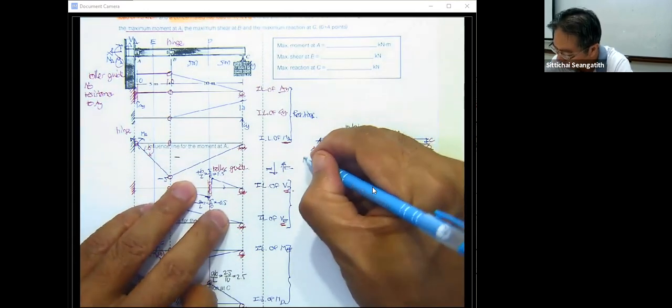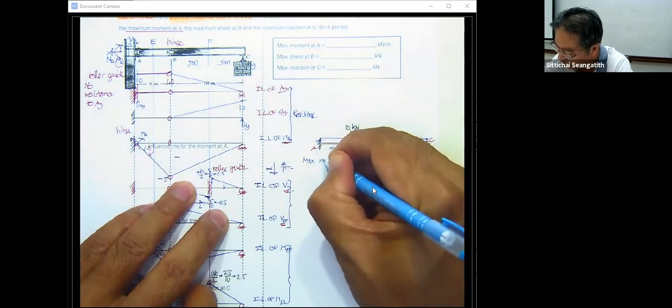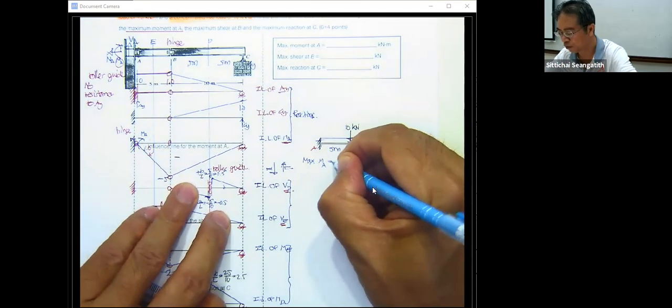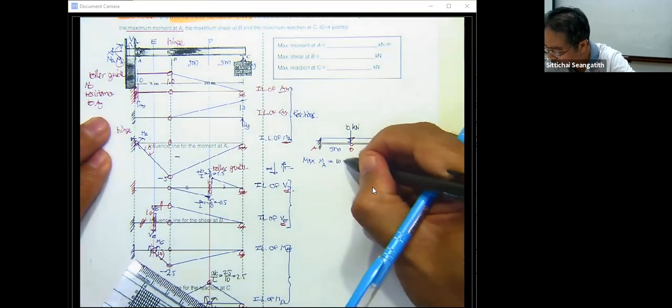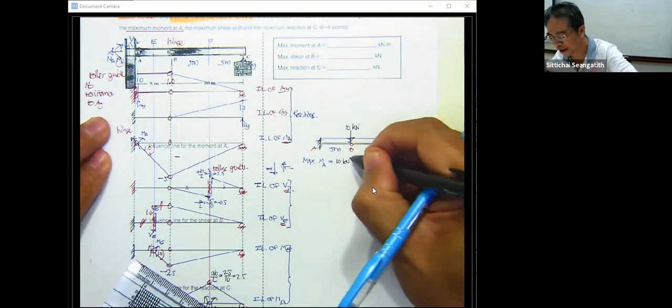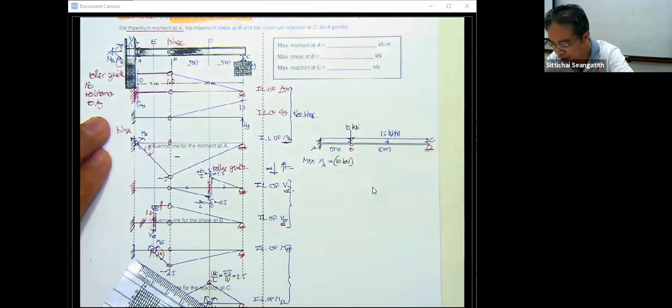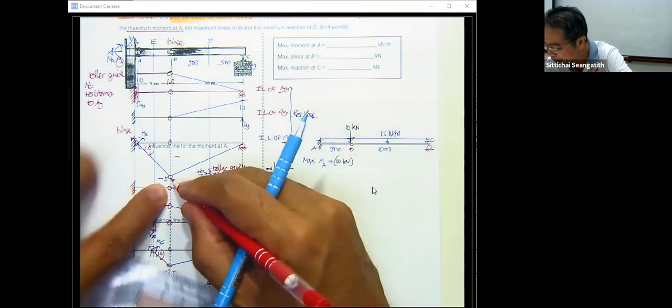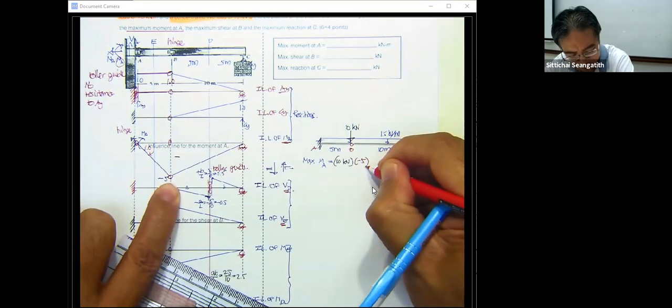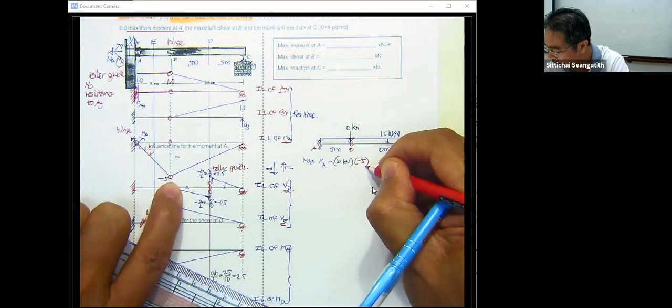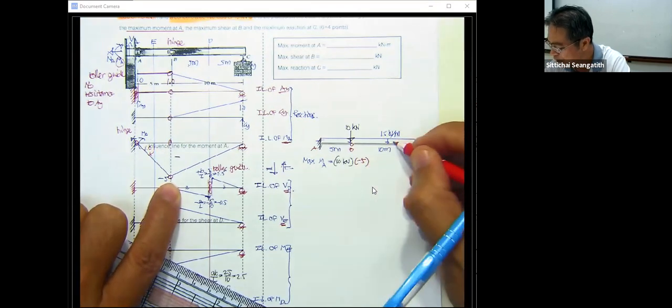Based upon this, maximum M sub A is going to be what? The 10 kilonewton is going to be multiplied by the coordinate here, which is minus 5. And then we have the uniformly distributed load.